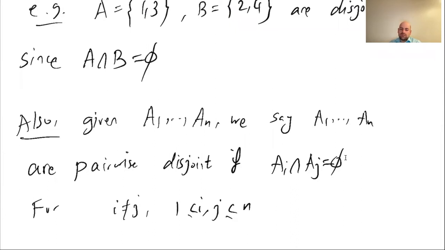If I have only two sets, they're called disjoint if they have empty intersection. But for more than two, I have to get the empty set for any two distinct sets.